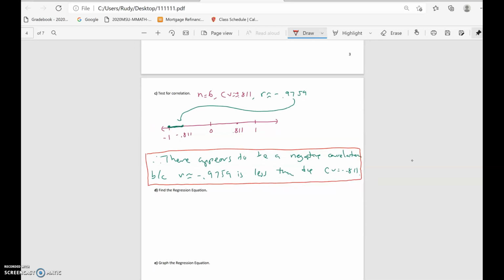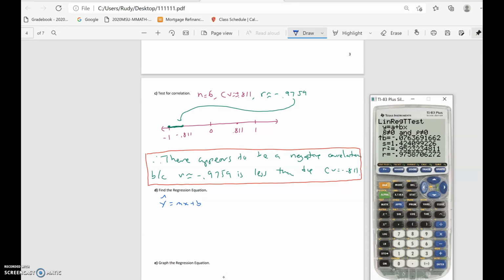Let's move on to the regression equation. So our regression equation, I'm just going to write it as y hat equal to mx plus b. Now, we're going to be obtaining all of these values from the calculator, and I'm going to go to 4 decimal places. So our slope is b here.